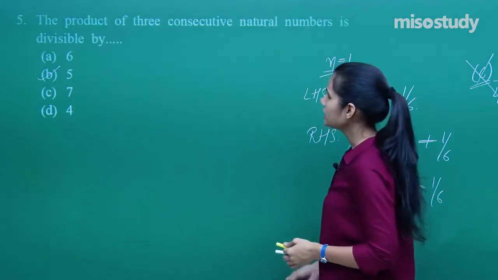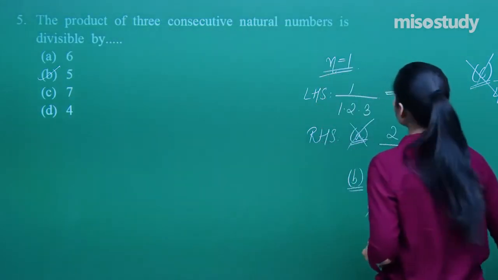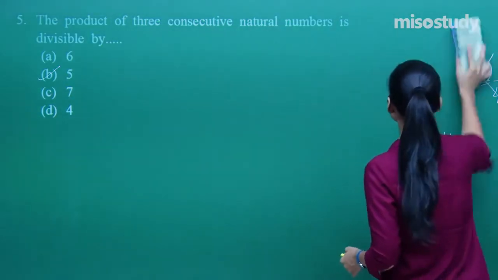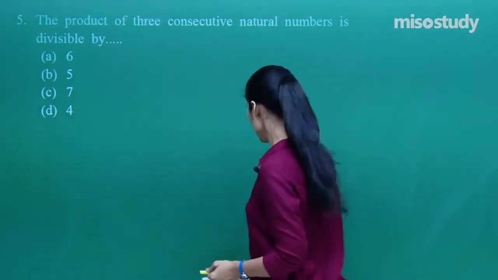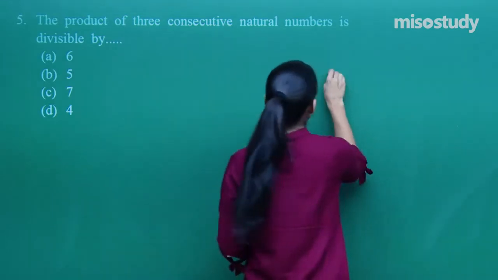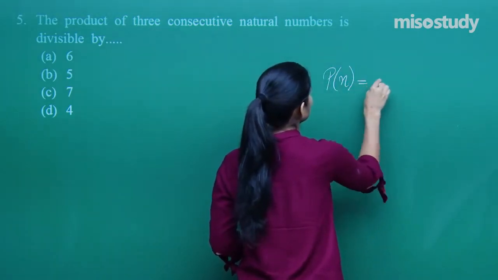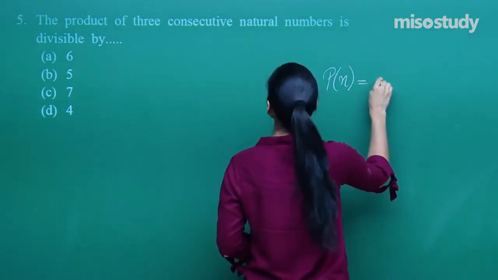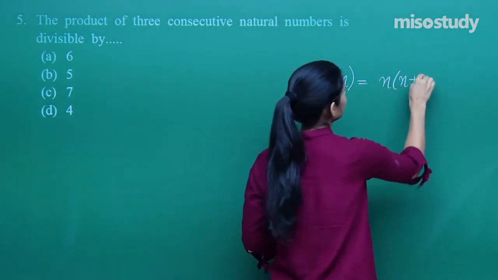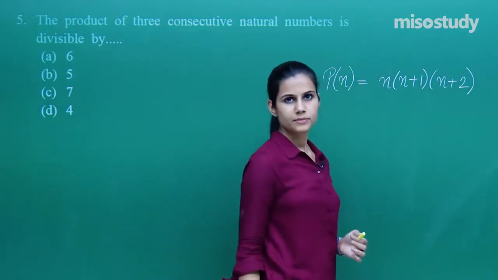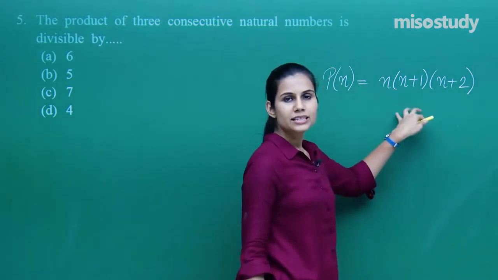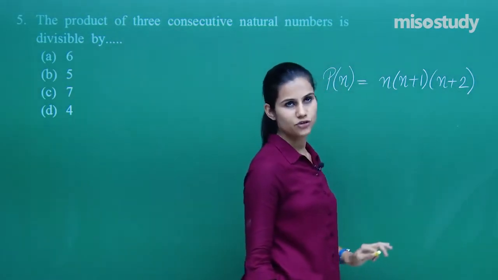Next question says what? Let's see, the product of 3 consecutive natural numbers is divisible by what? Now here we need to form the statement which is involving n. So P of n will be the product of 3 consecutive natural numbers, n into n plus 1 into n plus 2. That is going to be my representation for the product of 3 consecutive natural numbers.